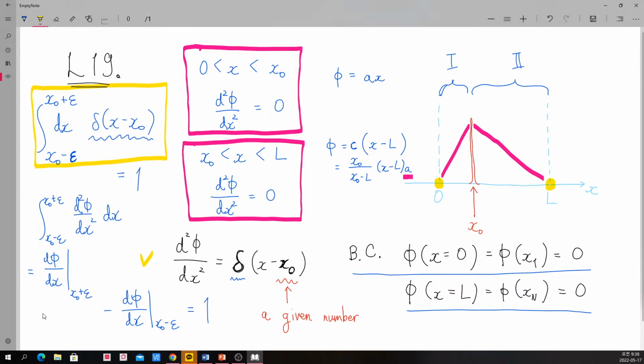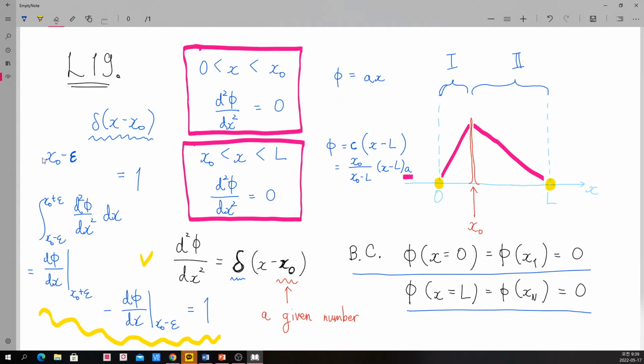So now you know that this is the integrated form of our Poisson equation nearby x sub naught. That is quite obvious, and now we can evaluate these two derivatives.